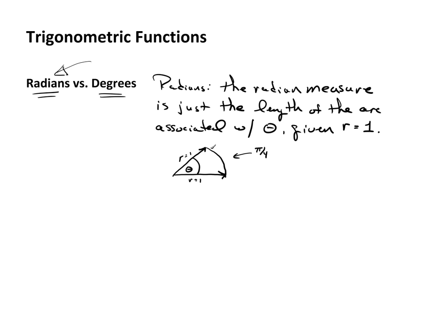Pi over 4 is the total length of this arc. So what's nice about radians is it actually associates arc length with it. Degrees doesn't do that.